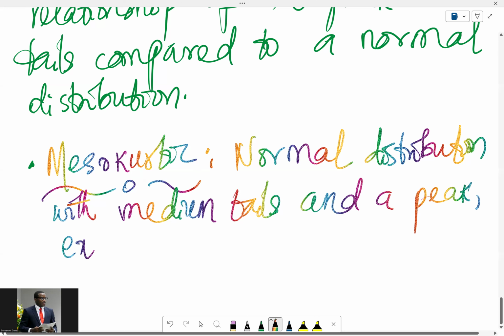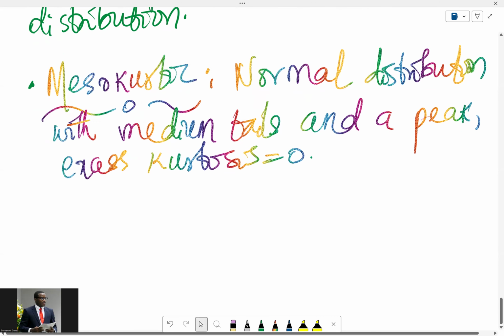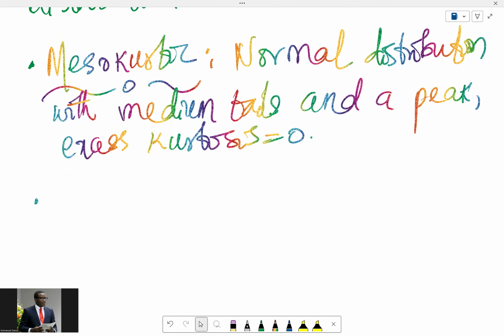In that case, the excess kurtosis is 0. That's just more like when everything is fine. The analogy in skewness would be that case where you had perfect symmetry.